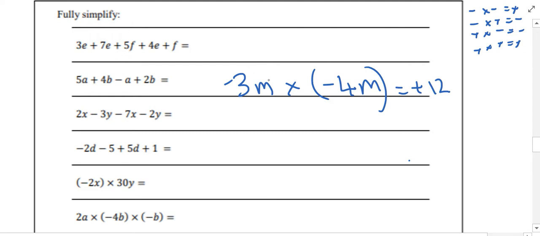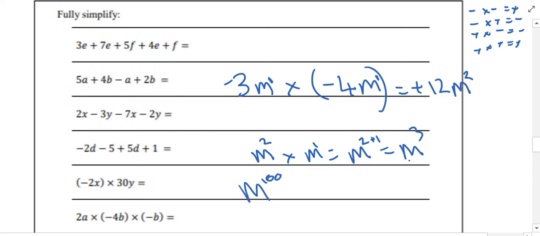Now, if you can imagine m as having a power of 1 if there's nothing written there, and when we are multiplying indices, we add the indices. So for instance, m squared times m is going to be m to the 2 plus 1, which is 3.